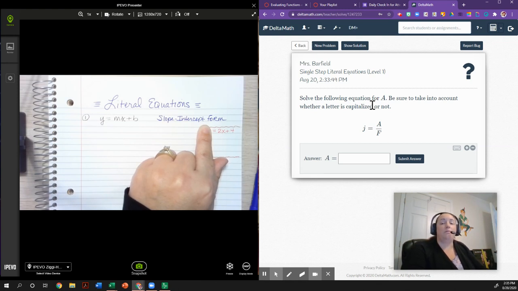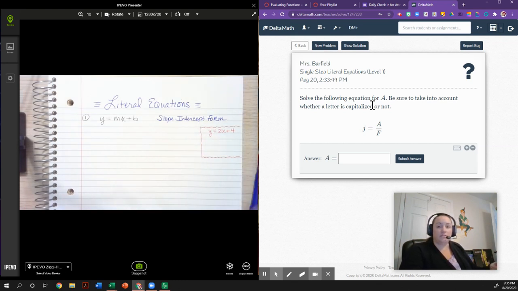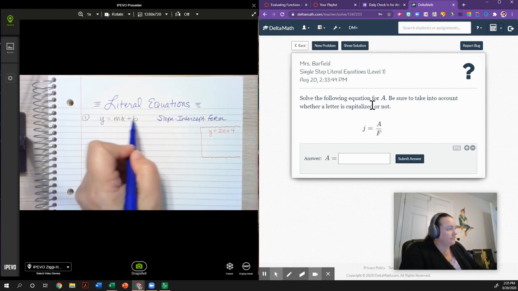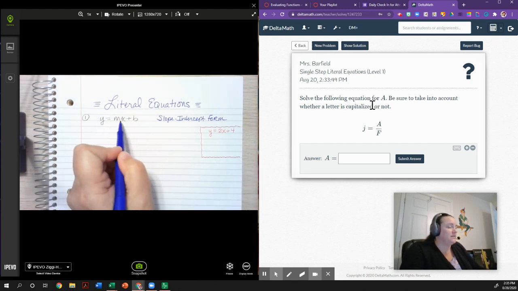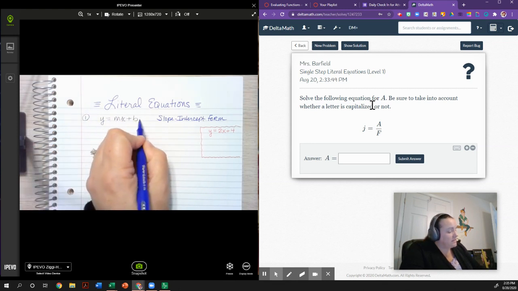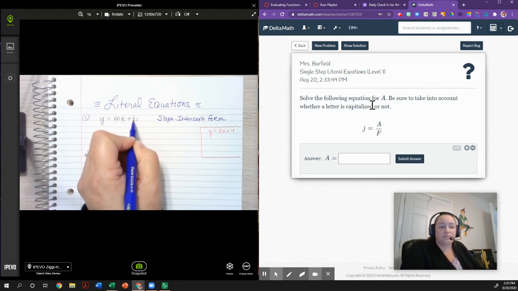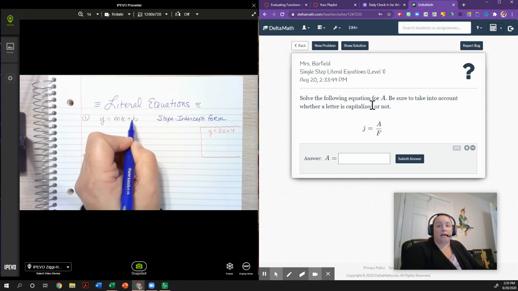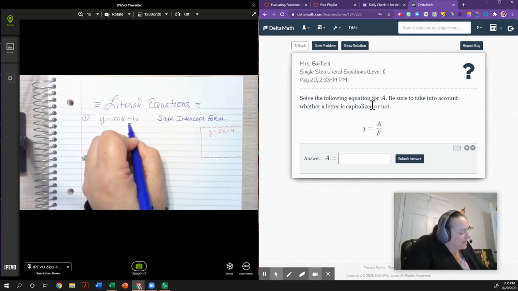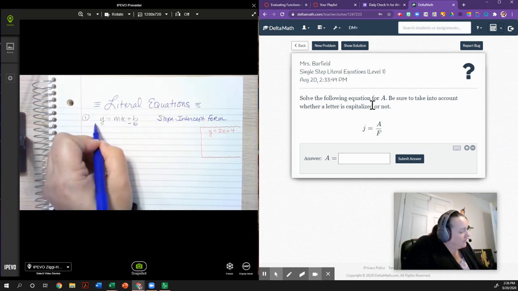Well, hopefully you'd say, well, minus 4. Subtract 4 from both sides. So let's do that. If I look at y equals mx plus b, I've got this plus b, and if it had been a plus 4, I'm going to subtract 4. So I'm going to subtract b from both sides.